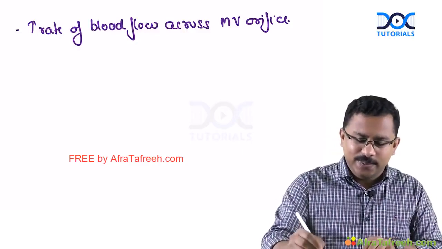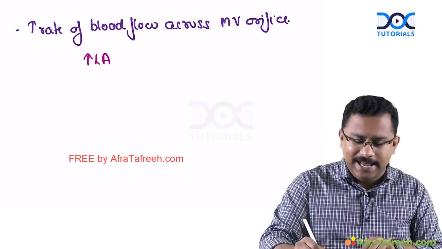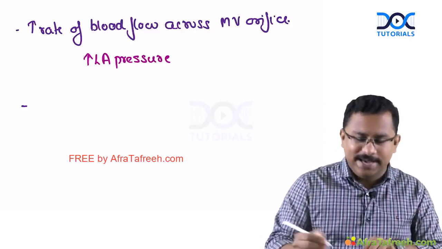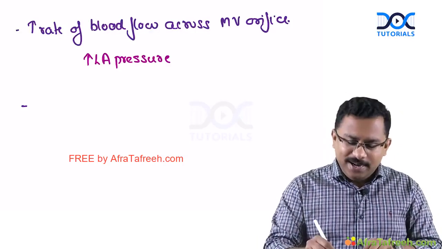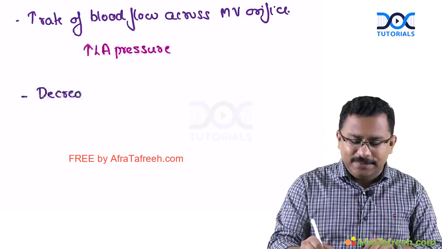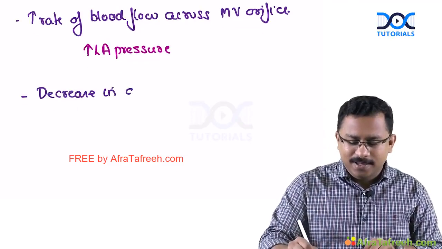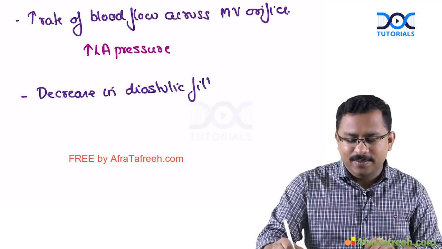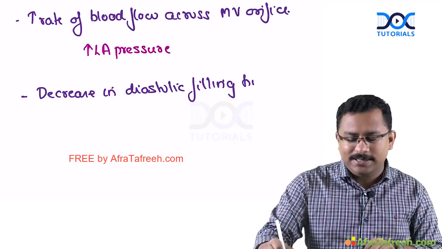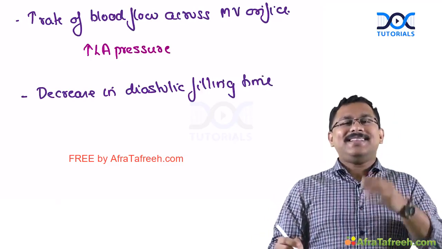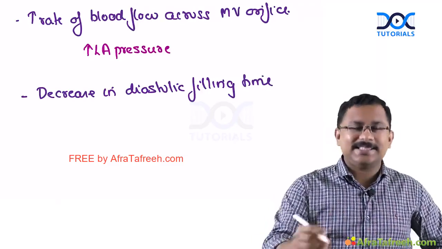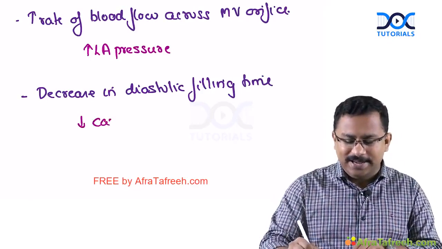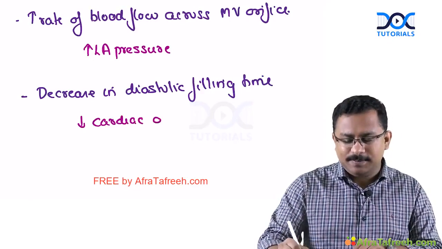So this will increase the LA pressure, which is very important to understand. And also there will be a decrease in the diastolic filling time, which is also important to understand. And this results in a decrease in the cardiac output. Okay, there is a decrease in the cardiac output as the disease progresses.